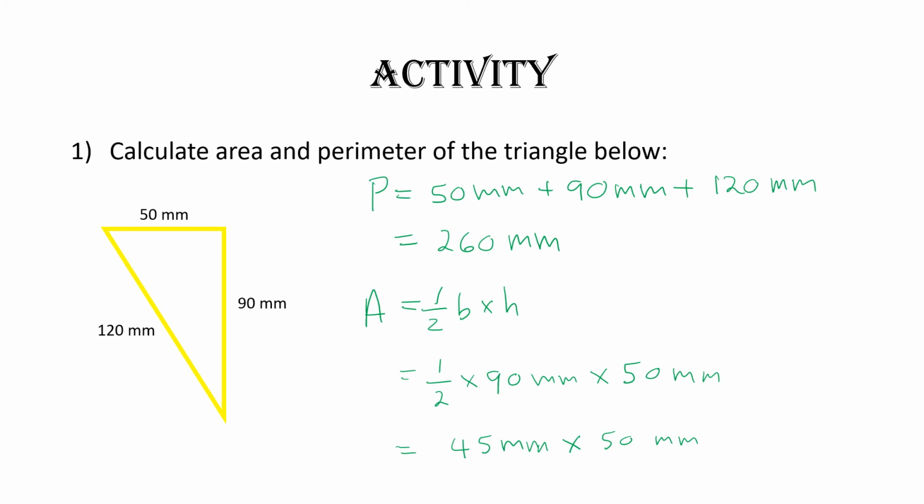Let us do a little long multiplication there, so let's see what our area will be. I will work it out over here. 45 multiplied by 50: 0 times 5 is 0, 0 times 4 is 0. 5 times 5 is 25, and notice where I'm lining up my 25. 5 4s are 20, plus that 2 is 22.